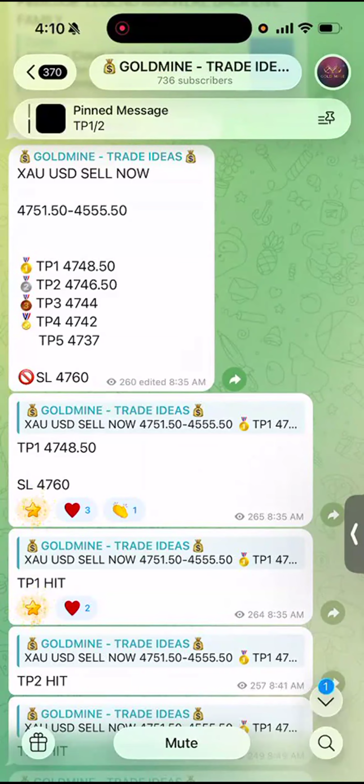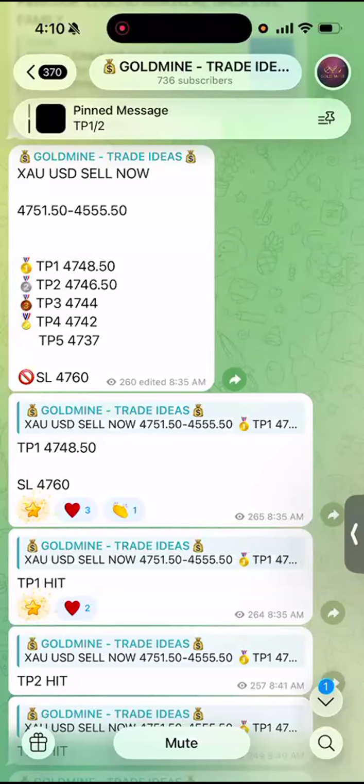And also, for this one, you have to be wise about it, guys. That's why you cannot just trade anyhow. You can't be trading when your trade is at 4749 and you want to hit TP1. No, you have to be very, very smart about it. The risk to reward ratio is what?